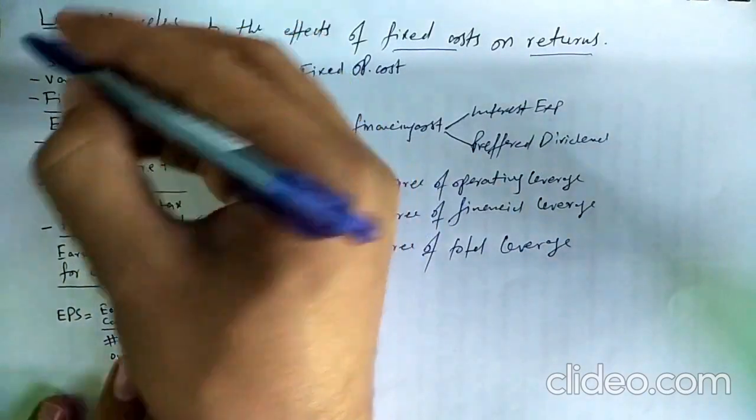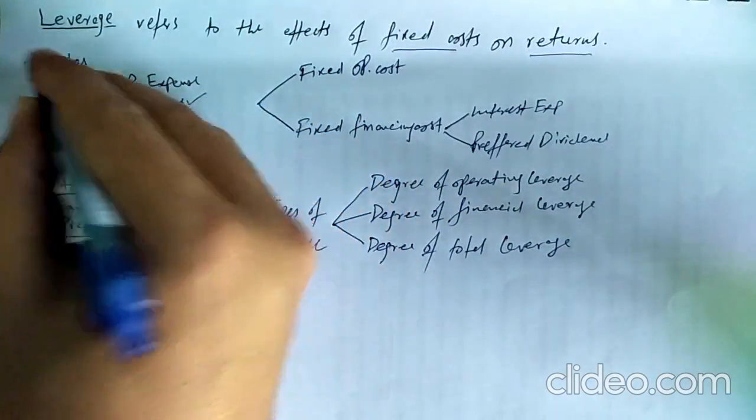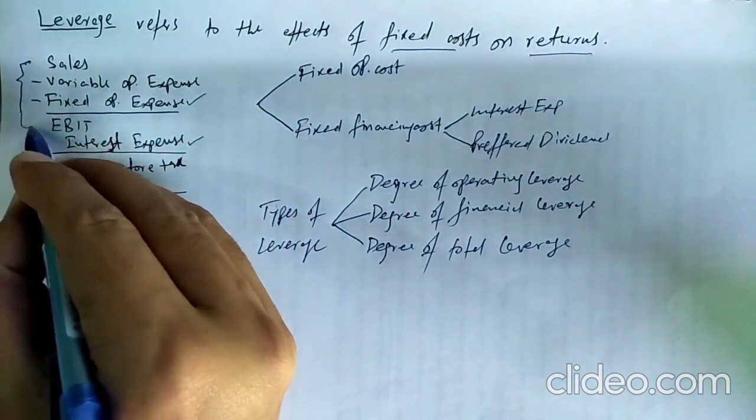I can explain these three leverages through the income statement. We can calculate the operating leverage by using sales and EBIT.